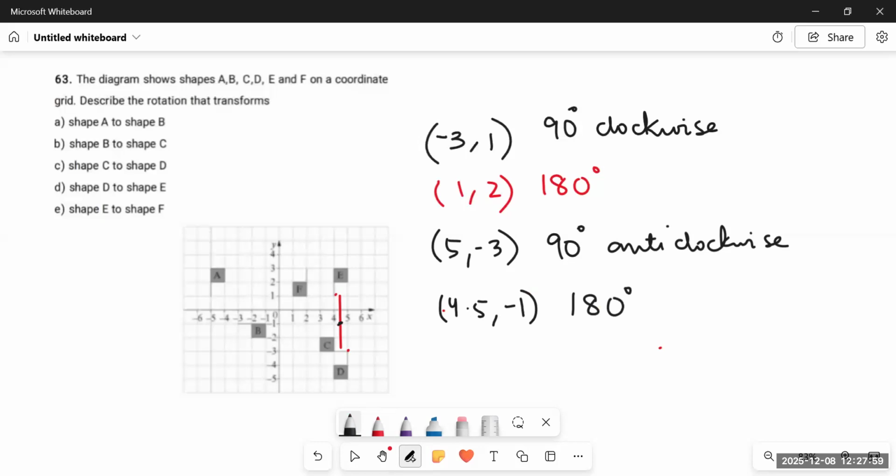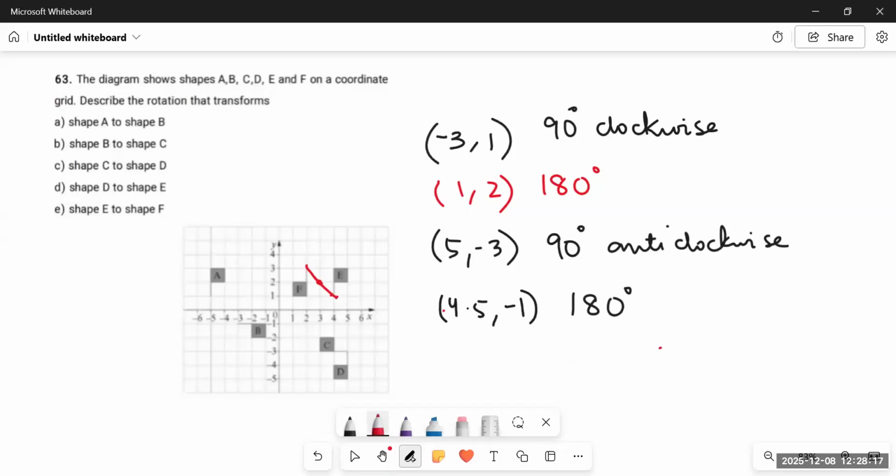And the last one is E to F. Right, so this is the center, okay?